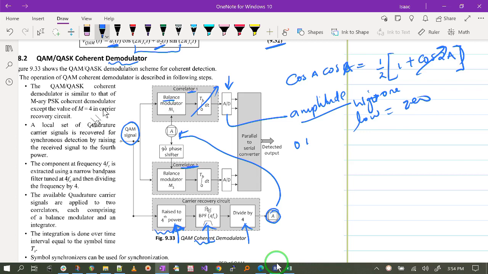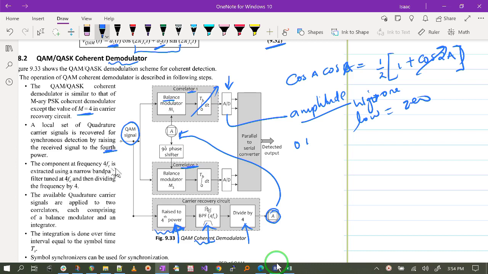So we say that the QAM coherent demodulator is similar to that of the M-ary PSK coherent demodulator, except that here M equals 4. In M-ary we could have M equals 8, among others. A local set of quadrature carrier signals is recovered for synchronous detection by raising the received signal to the mth power. We have seen that in this section.